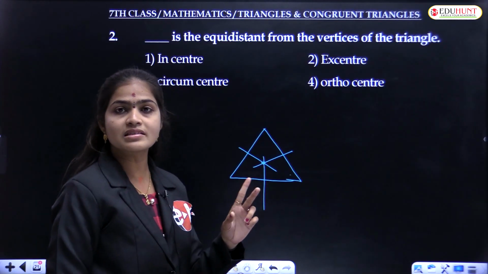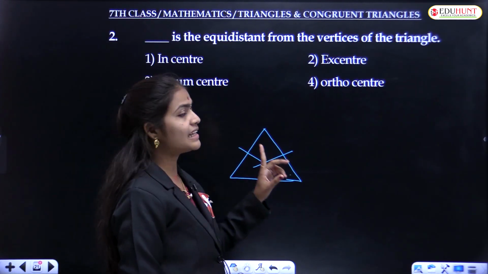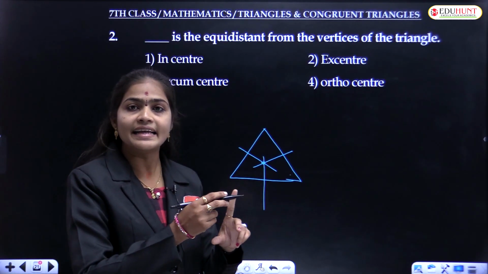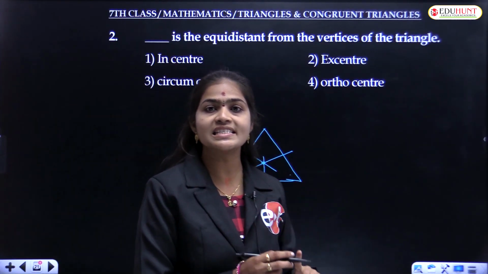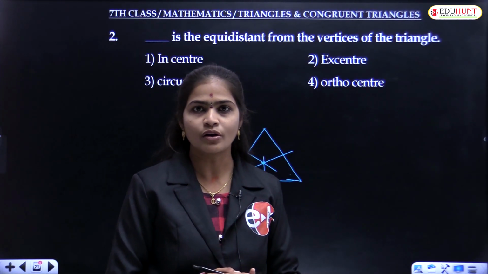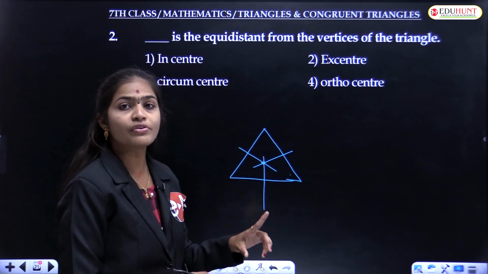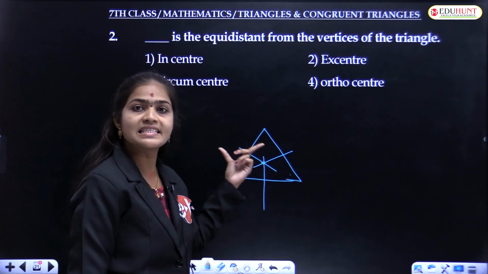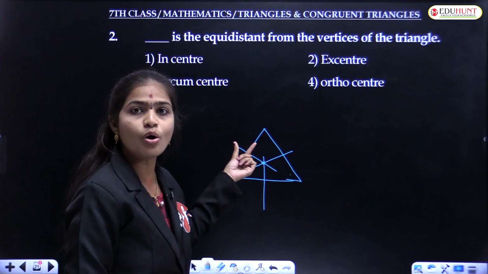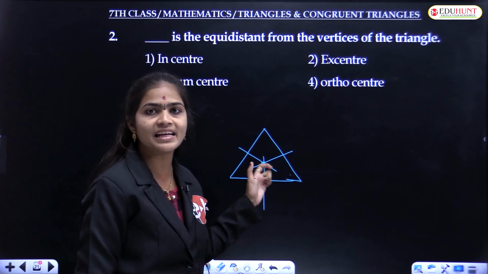Here we have to discuss 2 things: one is the incenter, another is the circumcenter. Incenter is always equidistant from its sides. Circumcenter is always equidistant from its vertices.